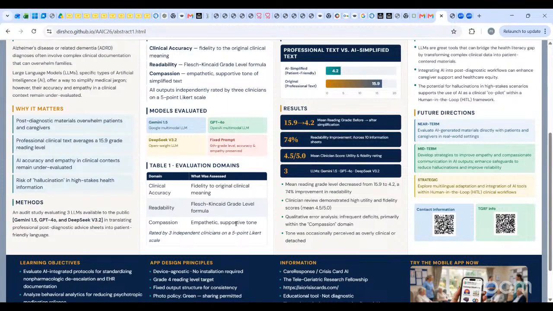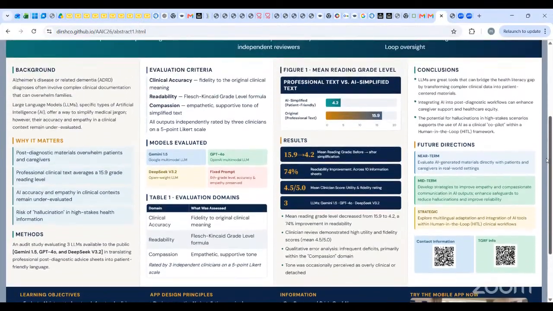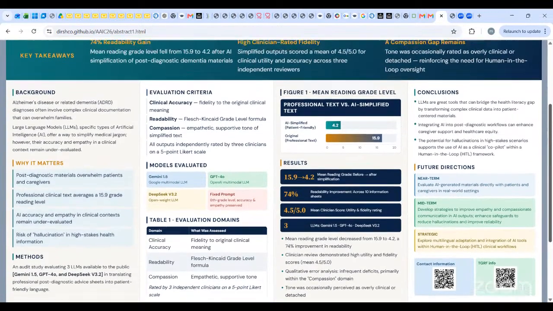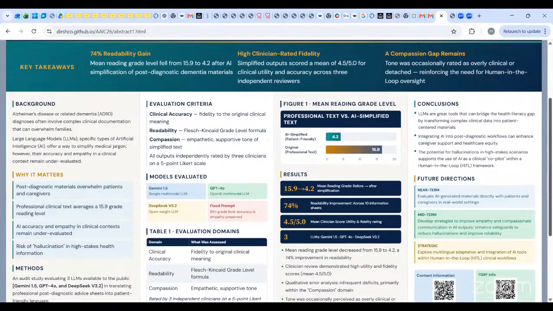So what we did is we looked at the information that is provided to the patient and their loved ones, and we found that most of it is written at a higher level, and we are aiming to reduce the readability level of this information for the caregiver and the patient, so that it makes sense for them as far as instructions and what to expect and what to do in cases. So this project is basically simplifying the readability level.